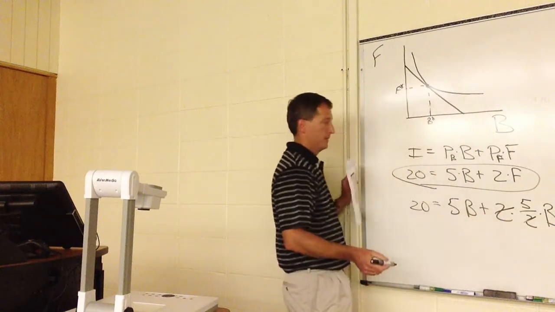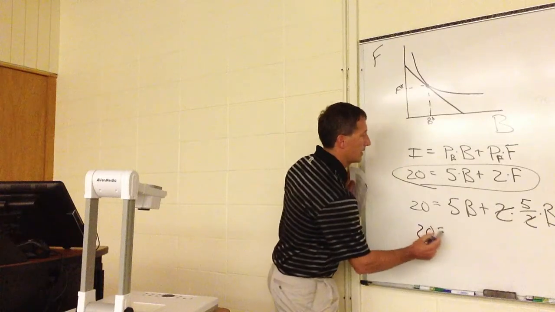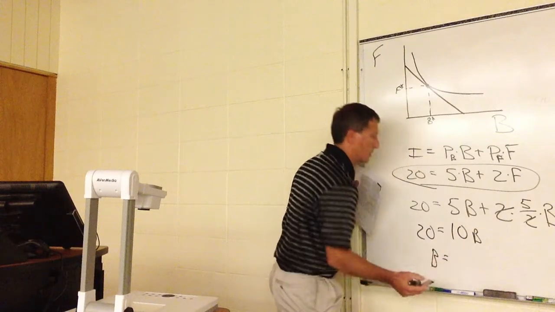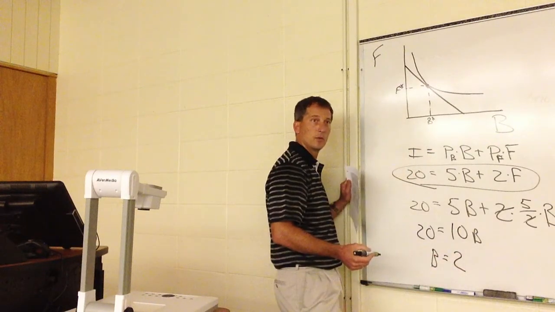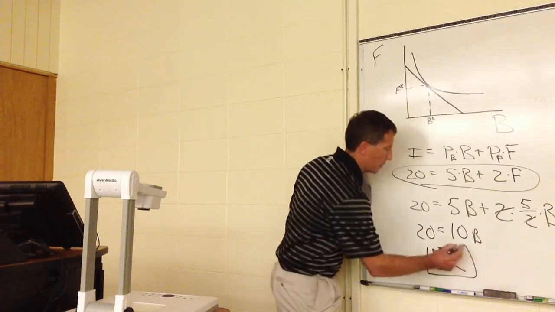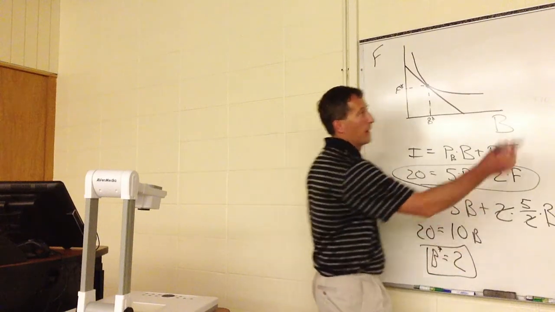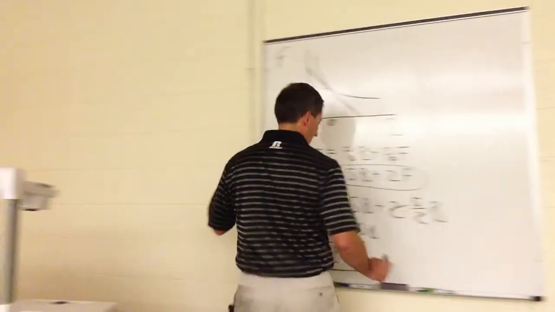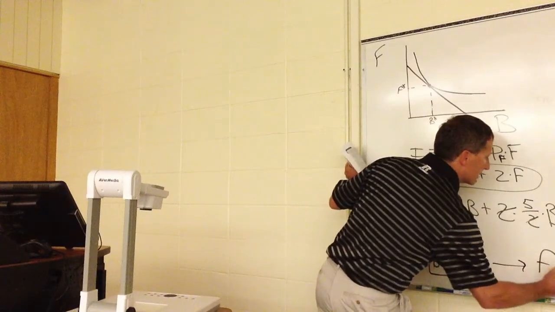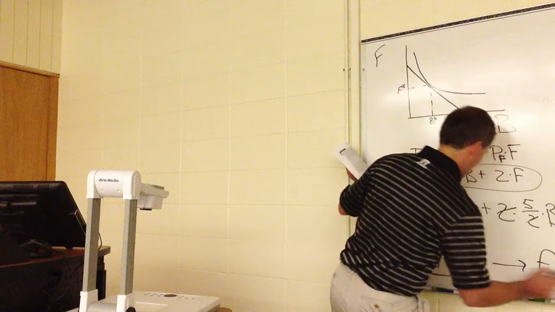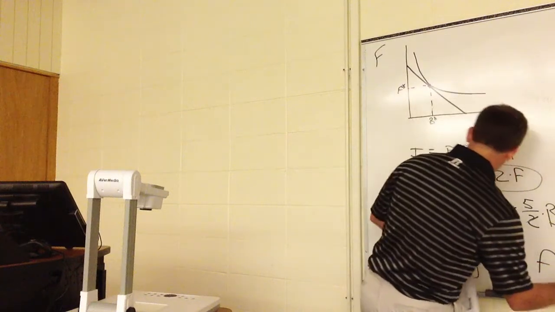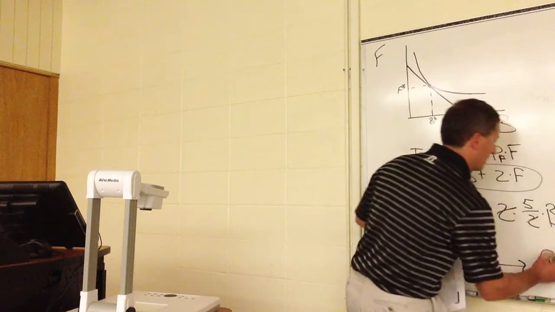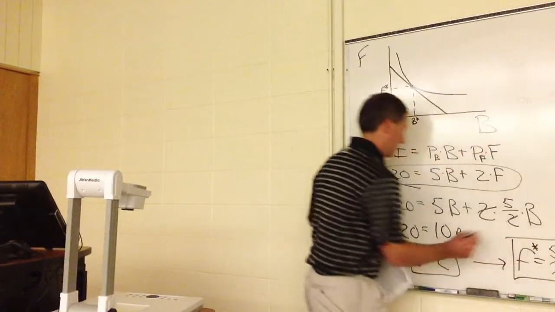The 2's cancel. We get 20 equals 5B plus 5B, which is 10B, and B equals 2. Now that I know B equals 2, I can go back into this equation and substitute in that B. So fries equal 5/2 of B star, which is 2, which gives me 5. And there you go.